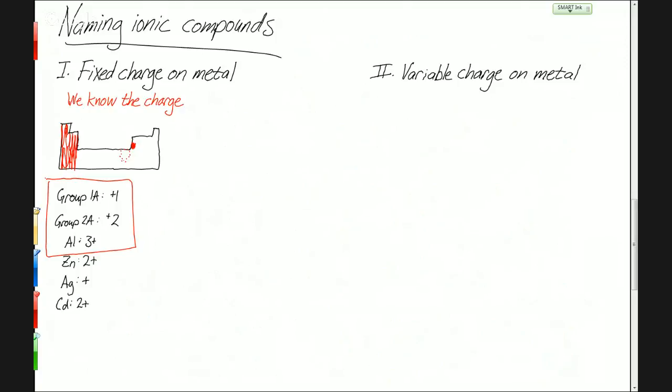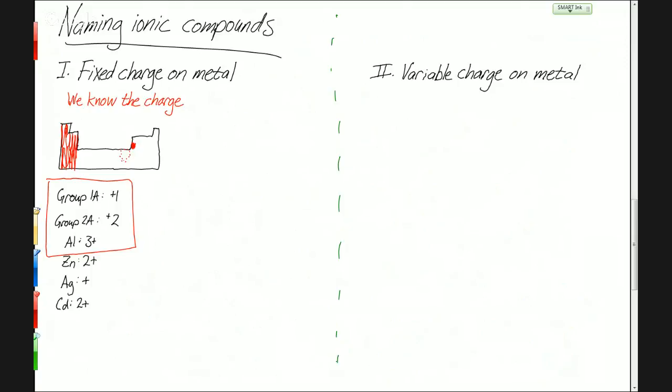Let's give ourselves a little separation here. And we're just going to look at this one category for now. These are the easiest ones to name. Once you've identified that an ionic compound is in this category, all you need to do is stick the names together as we did with the compounds we looked at before.